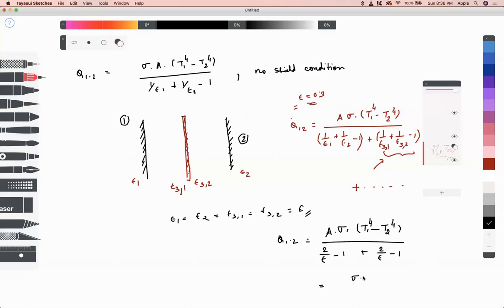If I take both of them common, this will be 2 into, this will be 4 divided by epsilon minus 2.